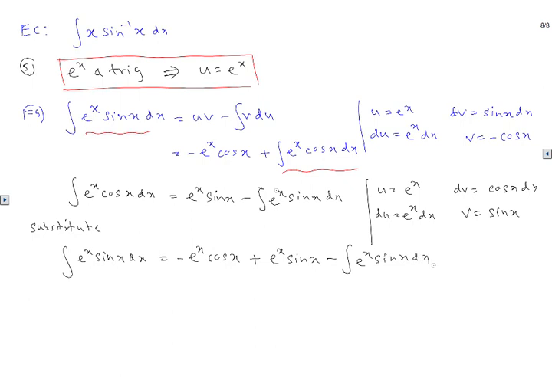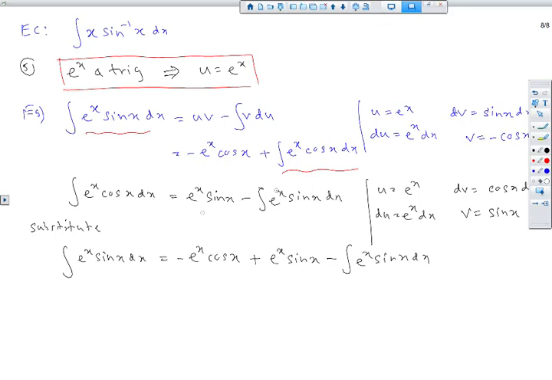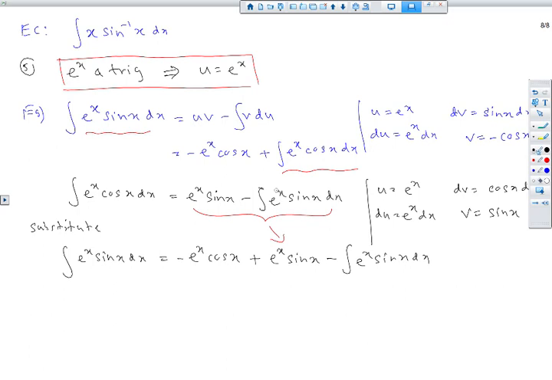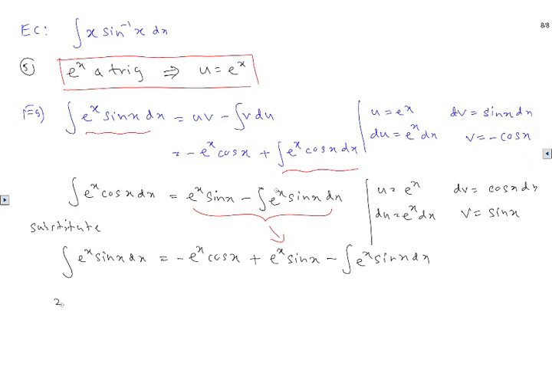We substitute for that, so we put it here. Okay. So now what we can do, we can move the negative one to the other side. That means you're going to get twice the integral of e^x sine x dx equal e^x times sine x minus cosine x.